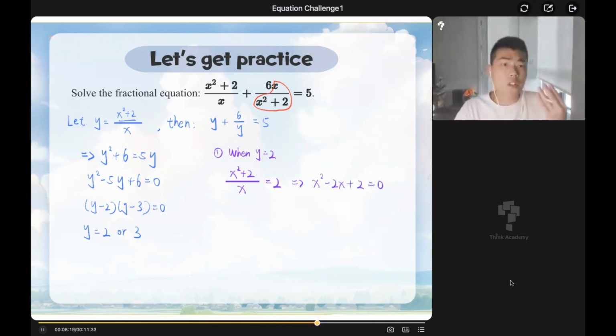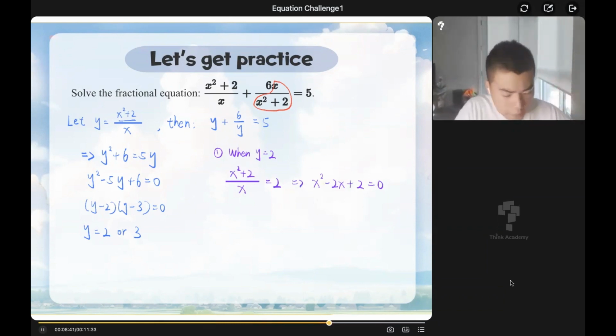So in this case, first of all, we notice that we cannot factor this equation. And second of all, do we have real solutions to this equation? I don't think so, because we can quickly check the discriminant of this quadratic equation. Remember, the formula of the discriminant is b squared minus 4ac.